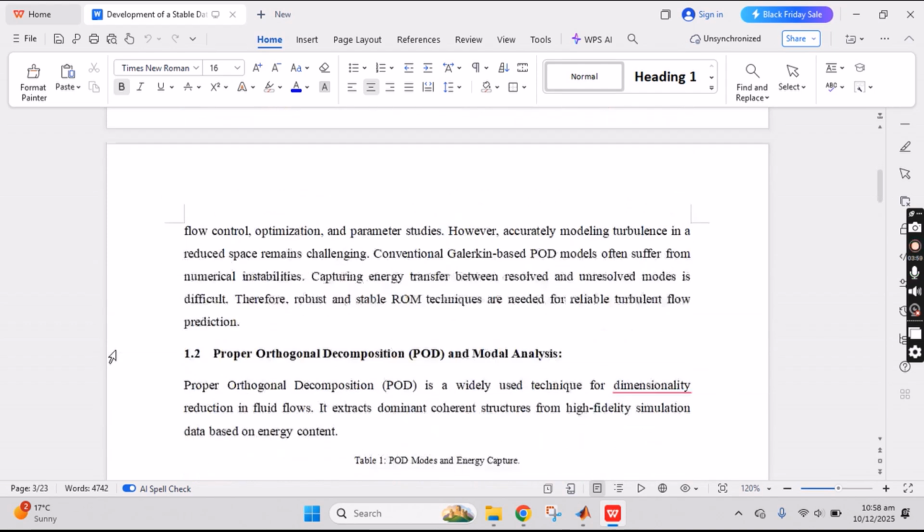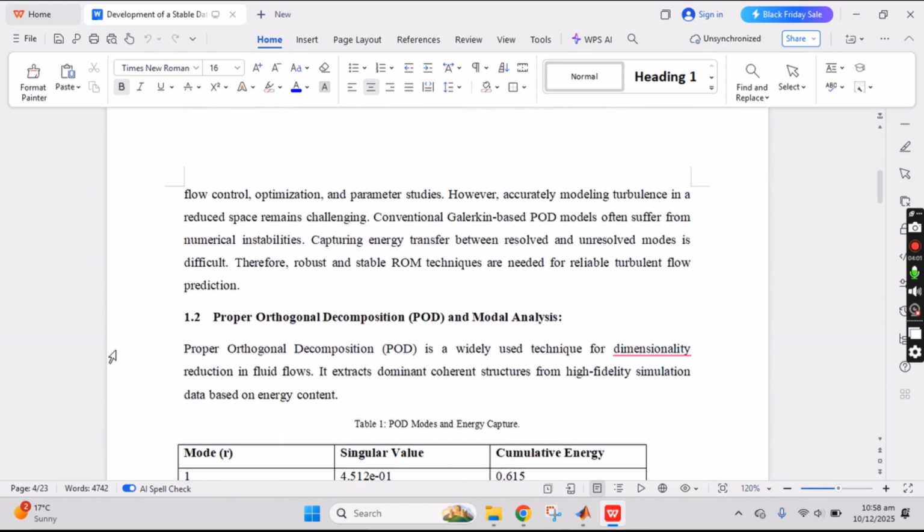The challenge is that accurate modeling of turbulence in the reduced space remains challenging, and conventional Galerkin-based POD models often suffer from numerical instabilities.